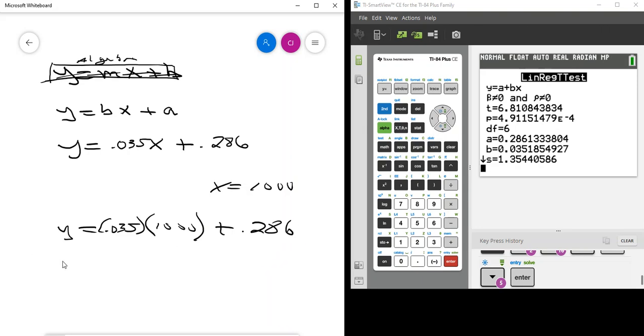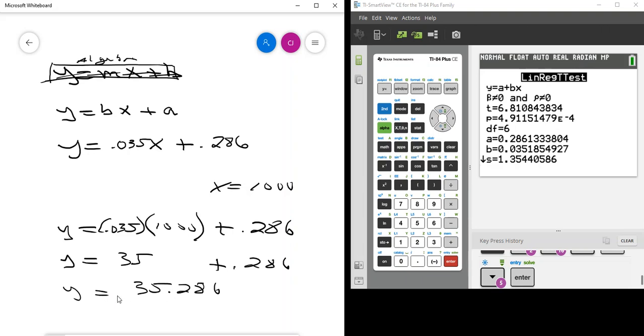All right, so let's see what we get. Y equal to, so 1,000 times this, it's 100,000. So I tried to make it easy. So this is going to be 35 plus 0.286. Okay. So Y equal to 35.286.